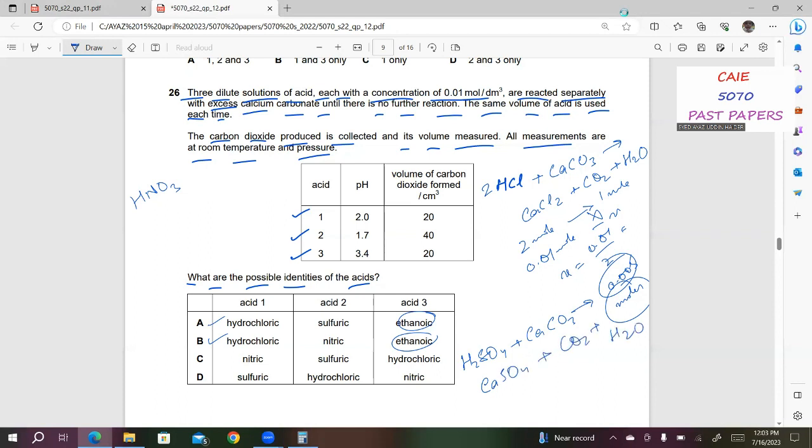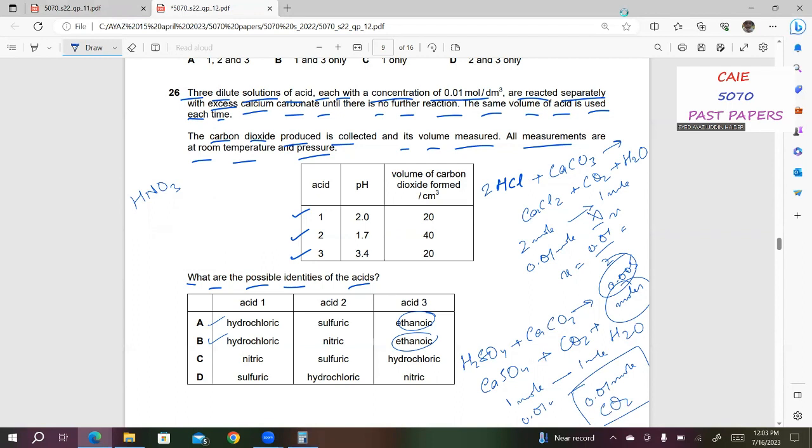Equation is balanced. So which means that 1 mole of sulfuric acid producing 1 mole carbon dioxide. So 0.01 mole produces 0.01 mole of CO2. This is for H2SO4.